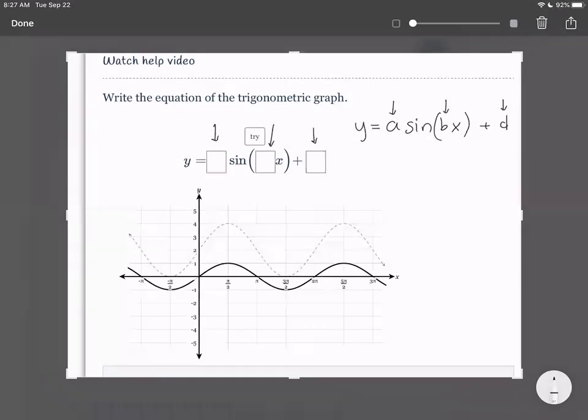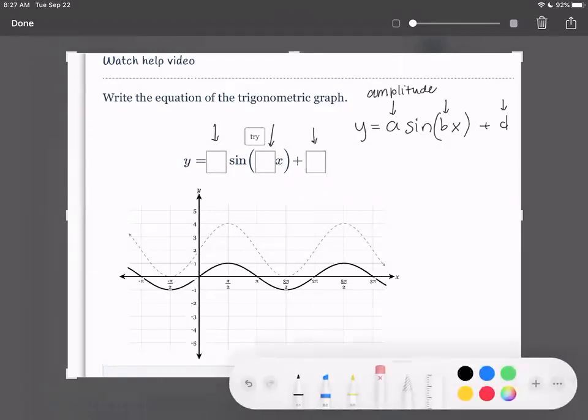Okay, so for the A in the front, this is where you're going to put your amplitude. So write down this part of the equation. A in the front is where you put your amplitude.